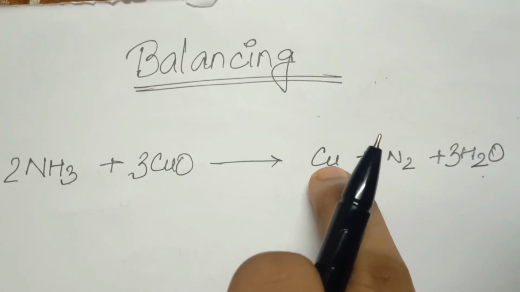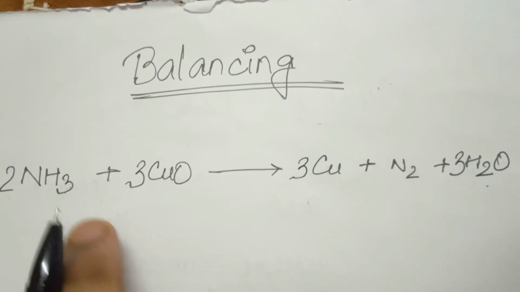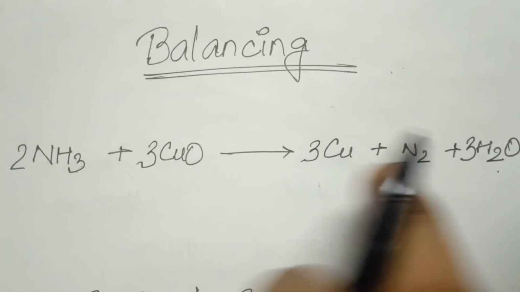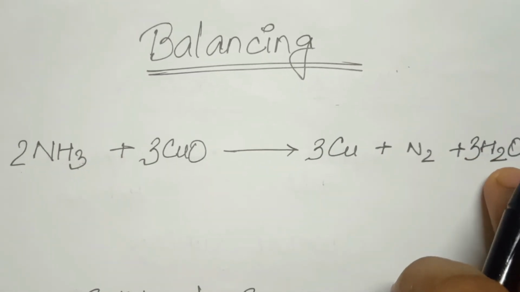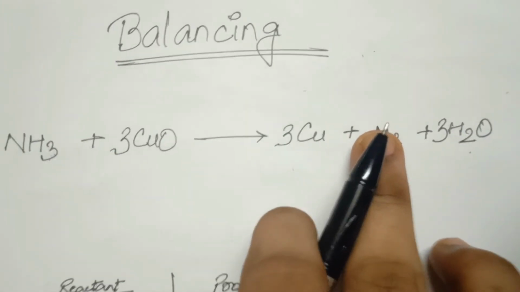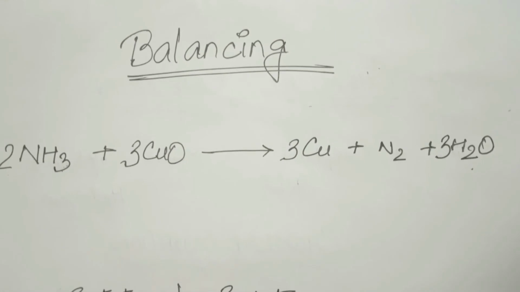To balance it again, we write 3 in Cu. Now Cu is balanced, oxygen is balanced, nitrogen is balanced, and hydrogen is also balanced. That means this chemical equation has now become a complete, balanced equation.